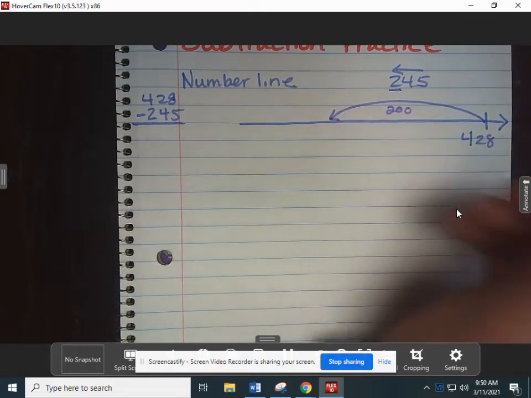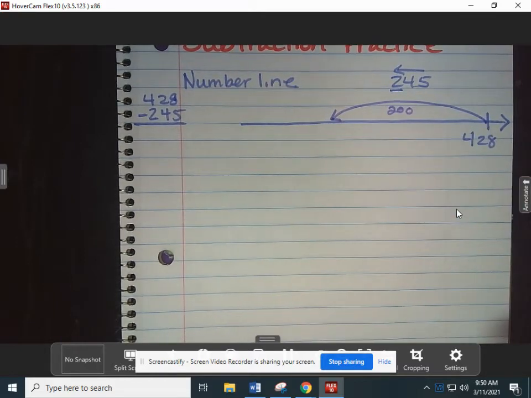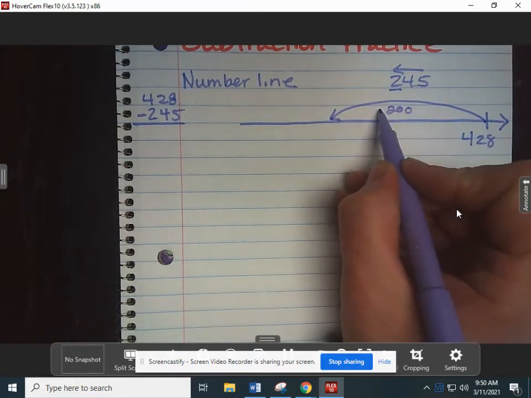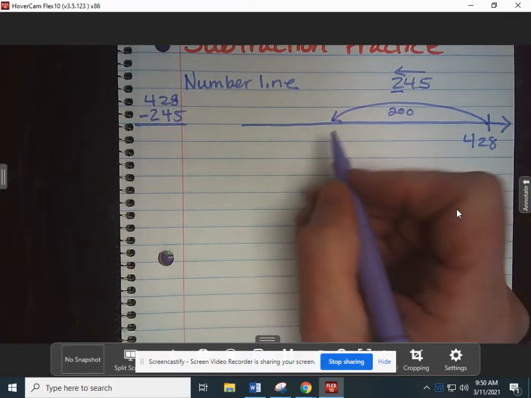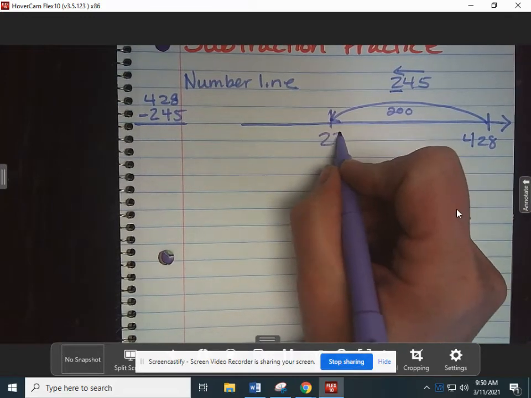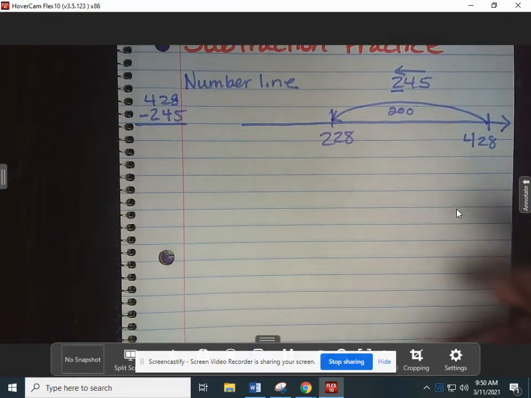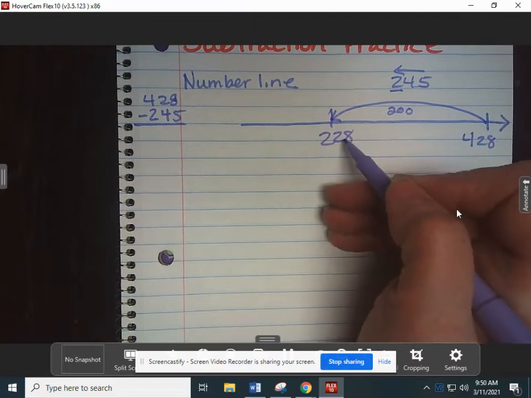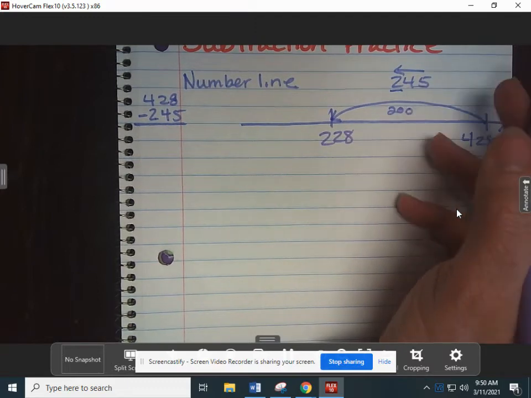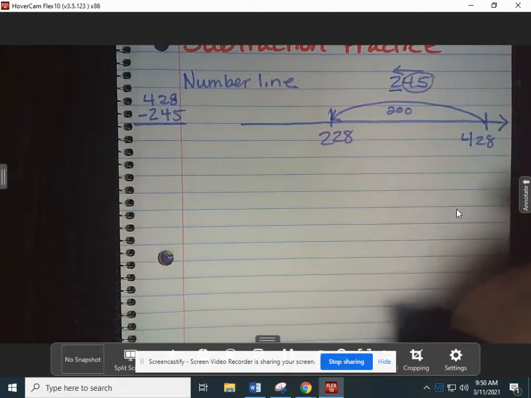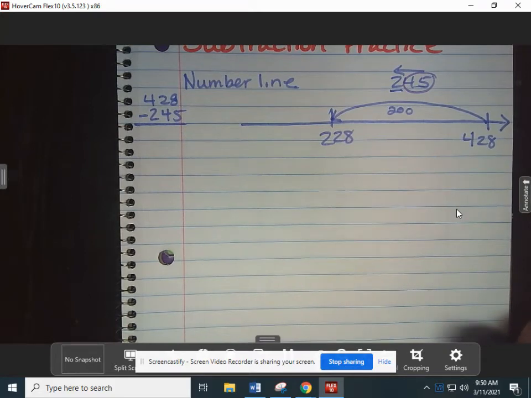So if I jump this way 200, what number are we at now? I went 200 backwards. 228. Thank you. Now we know that we got to get rid of this 28, because now all we have left is 45.